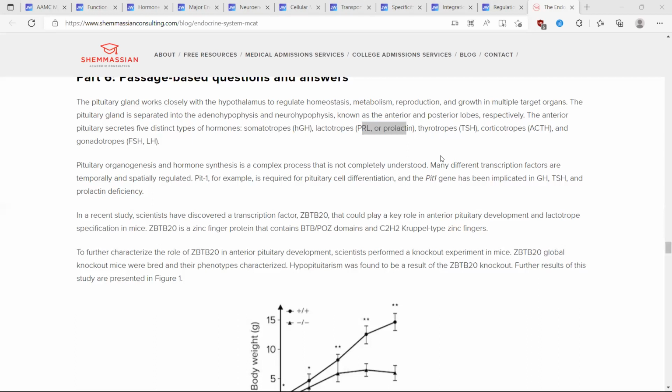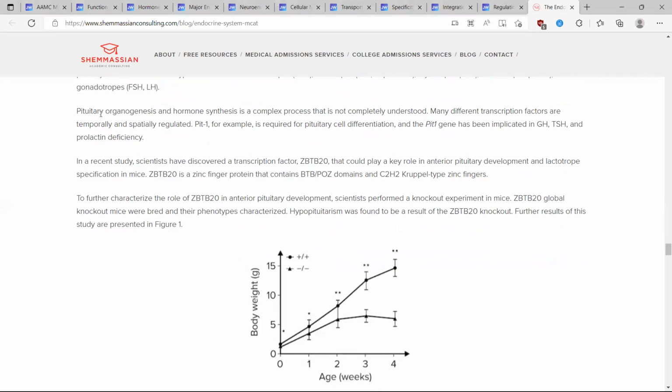It's working? Okay. So somatotropes, lactotropes, thyrotropes, corticotropes, and gonadotropes. Pituitary organogenesis and hormone synthesis is a complex process that is not completely understood. Many different transcription factors are temporally and spatially regulated.